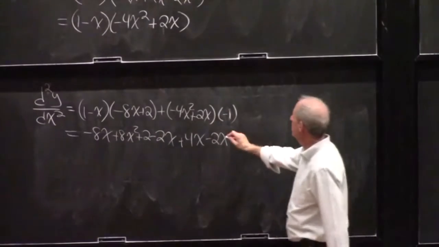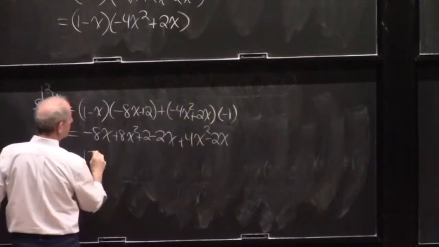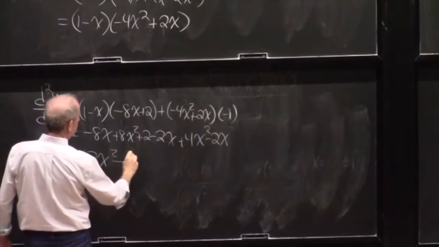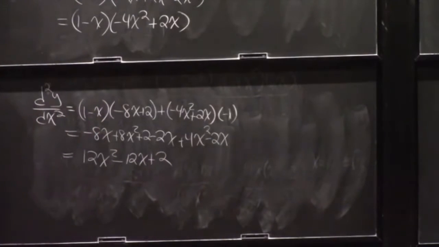Oops, squared. Which is 12x squared minus 12x plus 2. Which does not have easy zeros.